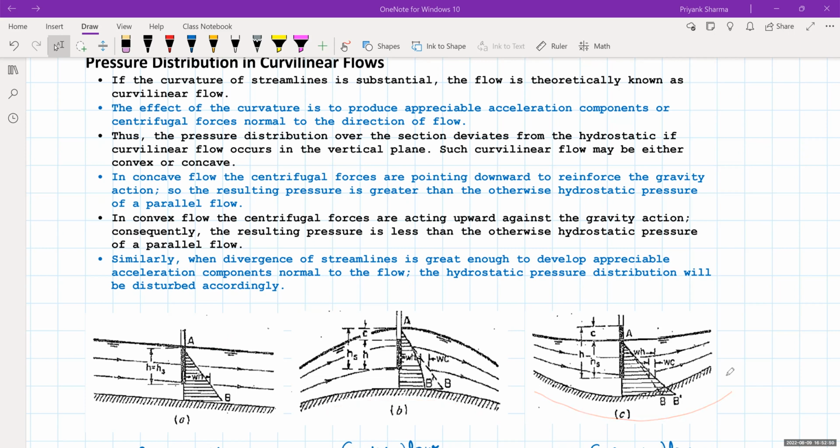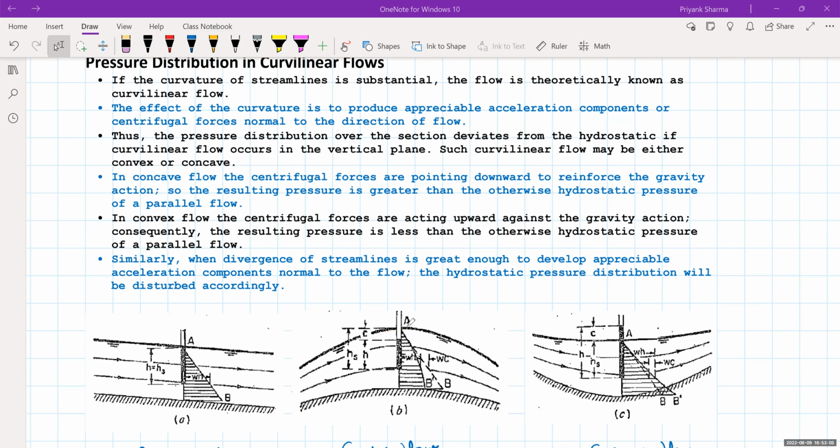So in case of convex flow, you can see the piezometer is also attached. The piezometer shows a reading less than the actual water surface.